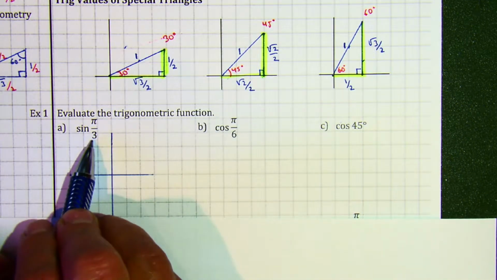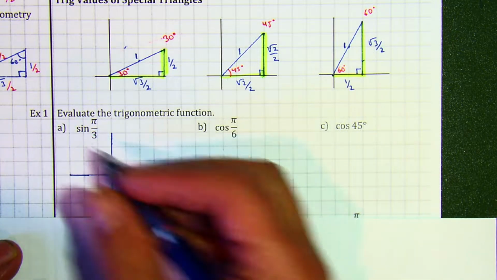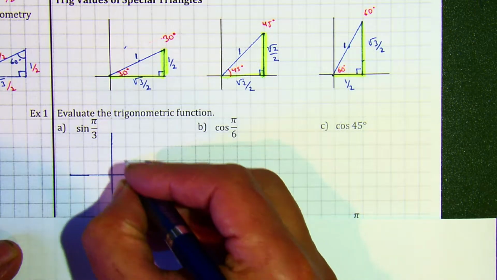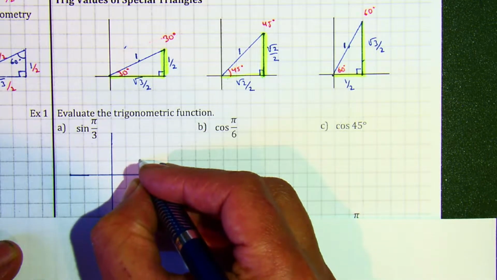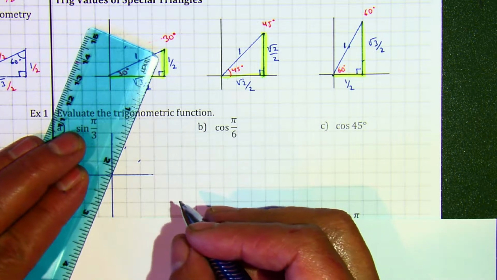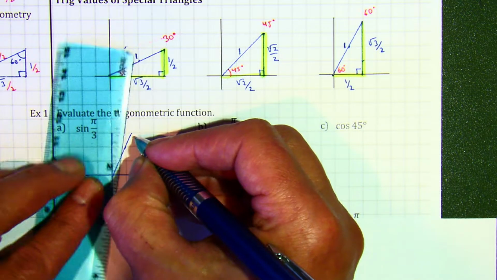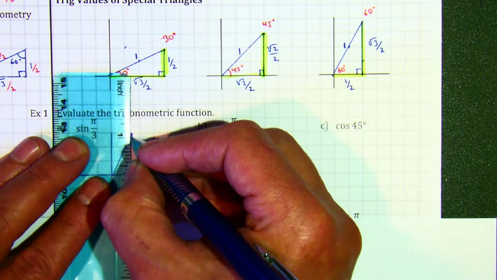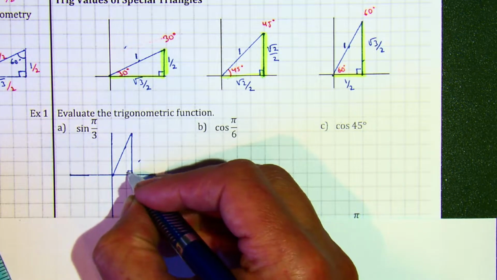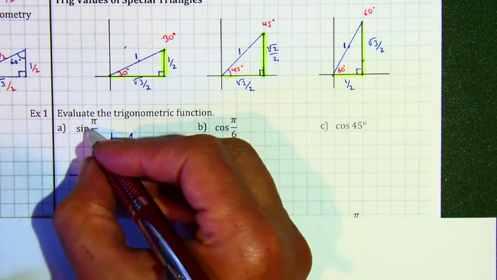Now, pi over 3. Remember, your pi over 3 is your 60 degrees. So I'm going to divide this in 3 sections by placing 2 dashes. So pi over 3 is up here. And I'm going to make my right triangle towards the x-axis. And I'm looking for the sine.